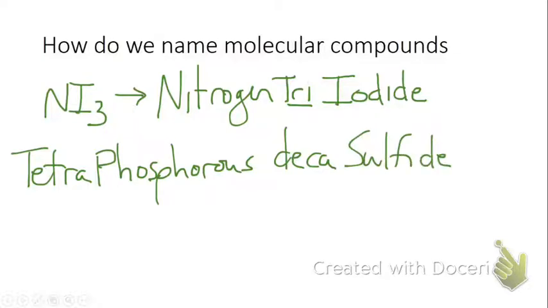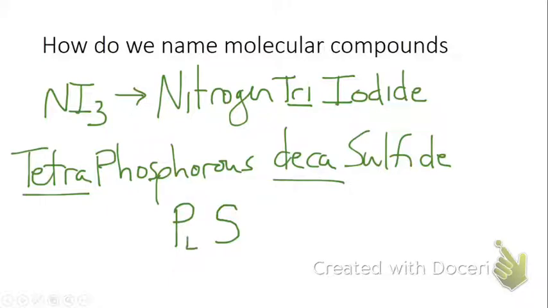That's a mouthful. Tetraphosphorus decasulfide. So here we have two prefixes, which would suggest that in both parts of our molecular compound we need subscripts. But we know we have phosphorus and sulfur. So now we just have to make sure we have the right numbers.